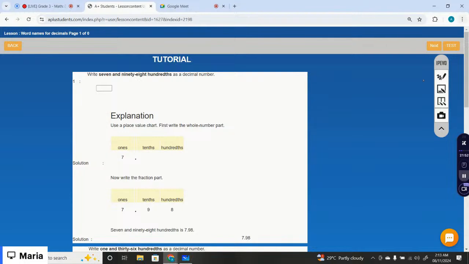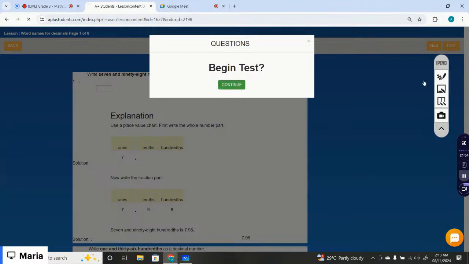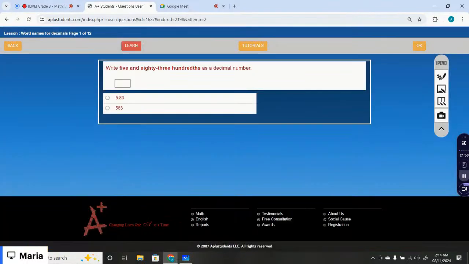Let's just start with the test questions. Write 5 and 83 hundredths. So which is the correct option? The number before "and" is the whole number. So that means the whole number is 5, right? Then you have 83 hundredths.